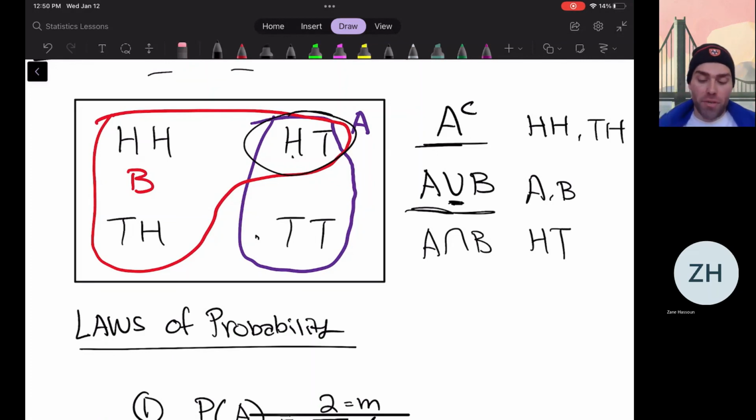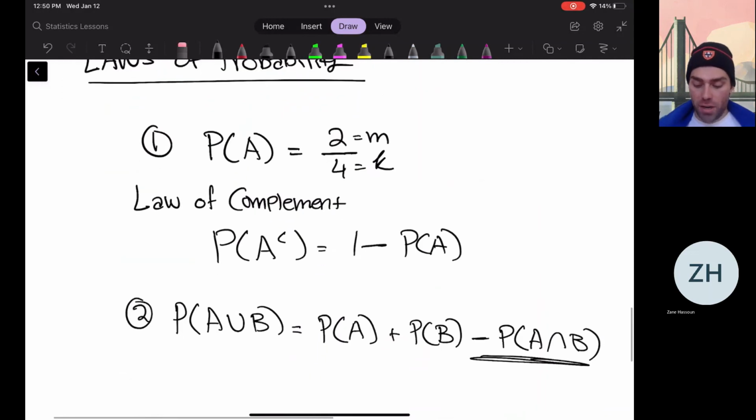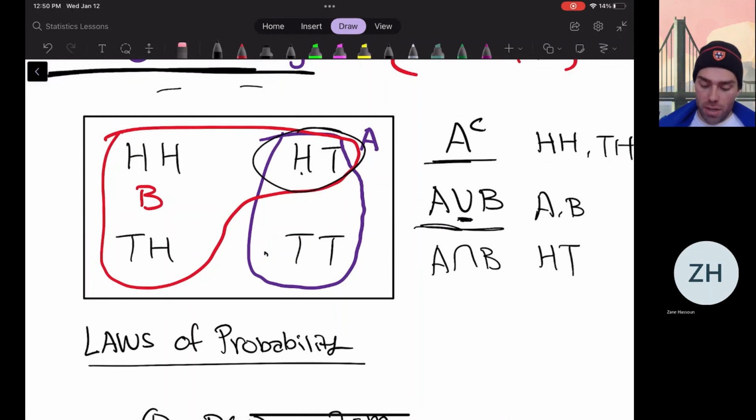So the probability of A or B occurring would be the probability of B, which is 3 over 4, plus the probability of A, which is 2 over 4, which would give us 5 over 4, but we're subtracting our double counting of heads then tails.